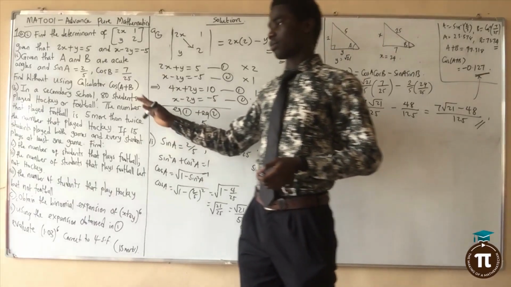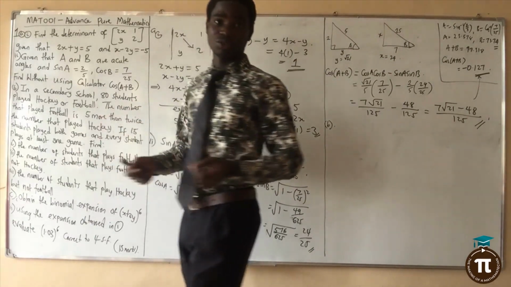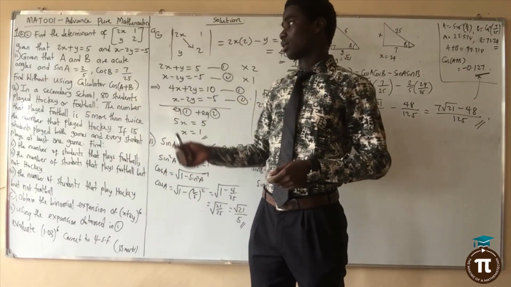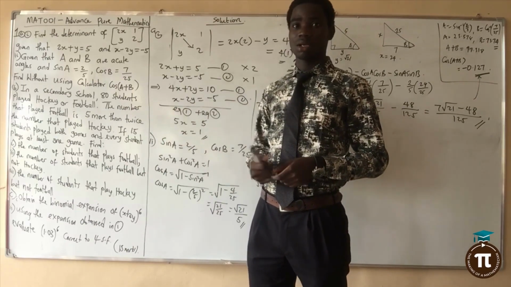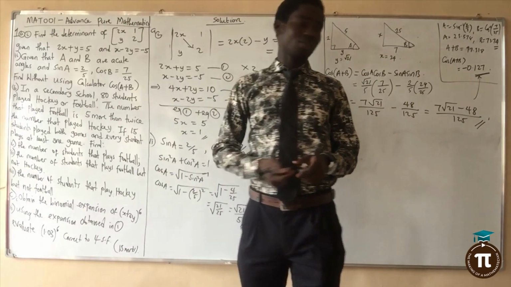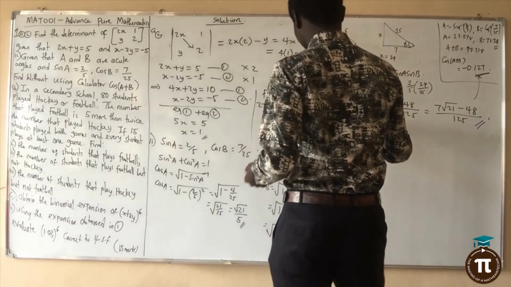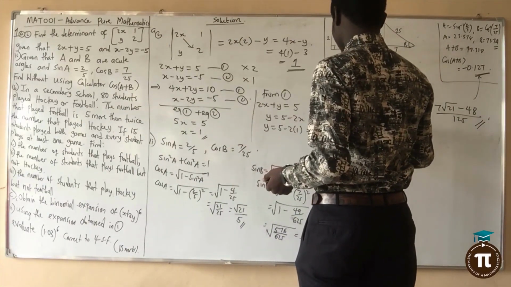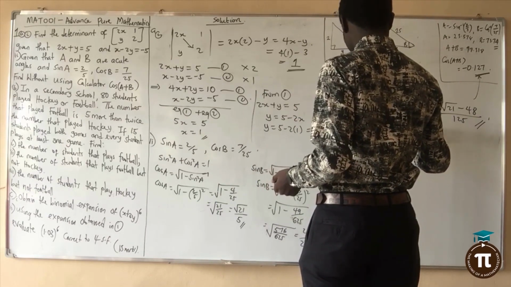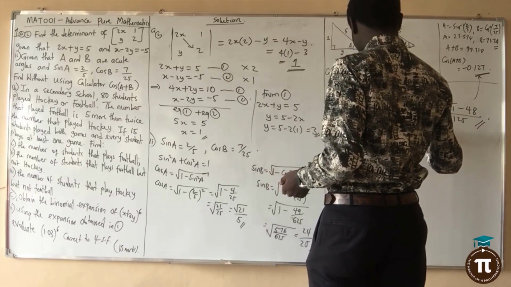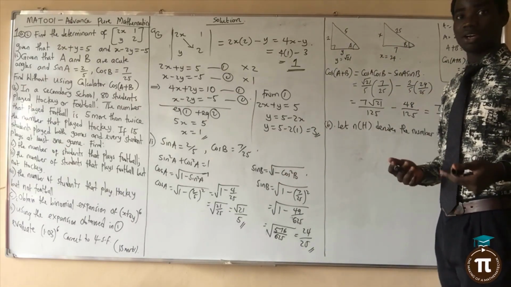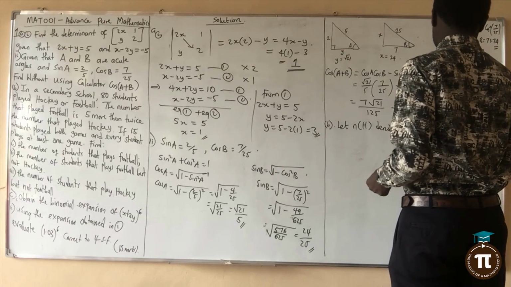So for this question, we'll first draw a Venn diagram to illustrate the information, and we can also denote some of these things using letters. The first thing is, let n of h denote the number of students that play hockey.